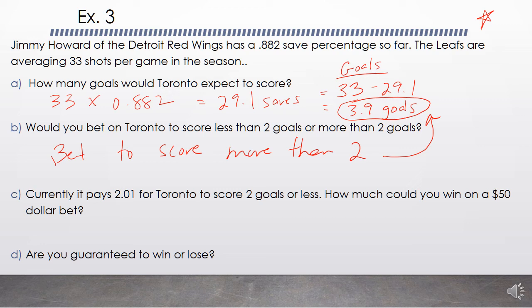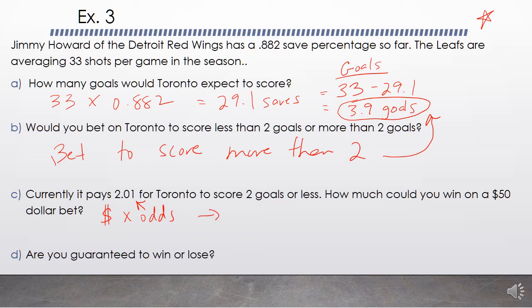Currently on some sportsbook, it pays 2.01 for Toronto to score 2 goals or less. How much could you win on a $50 bet? So generally speaking, whenever you make a bet, it's your bet times the odds.